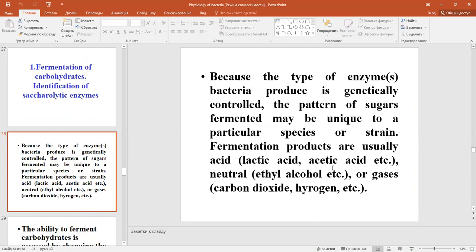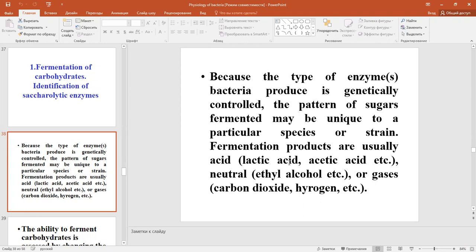How is it possible to detect saccharolytic enzymes? Because the type of enzymes bacteria produce is genetically controlled, the pattern of sugars fermented may be unique to a particular species or strain. Fermentation products are usually acids, lactic acid, acetic acid.